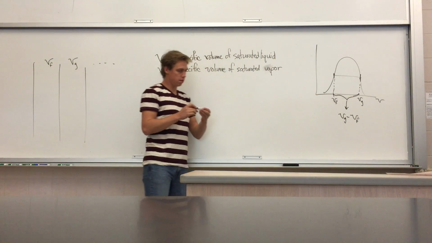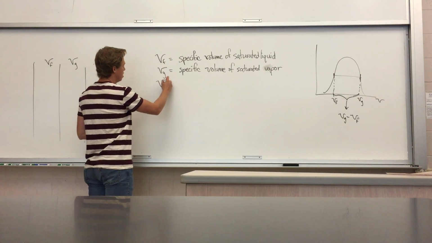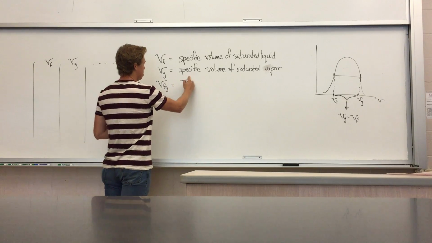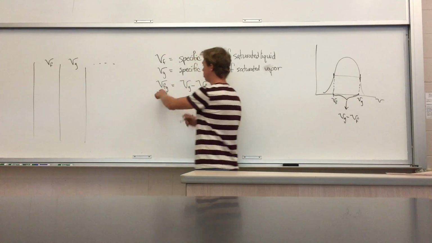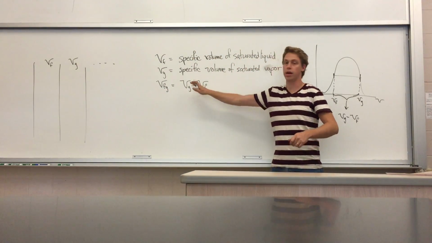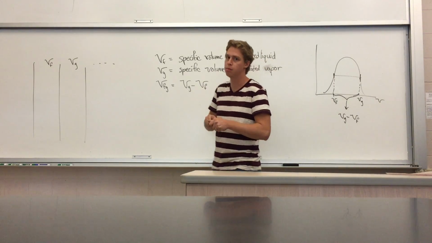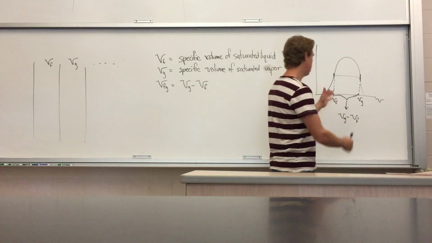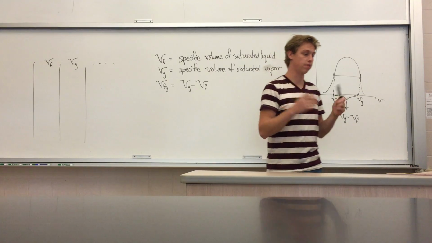That's all that is. So I can define a new thing, which is called VFG, and this is Vg minus Vf. So that, if you see this as one symbol, is shorthand for this subtraction. Okay, it's like just giving it a little bit of a nickname. And that's what VFG means. VFG tells you the width of that band, all right, for whatever given temperature you're at.